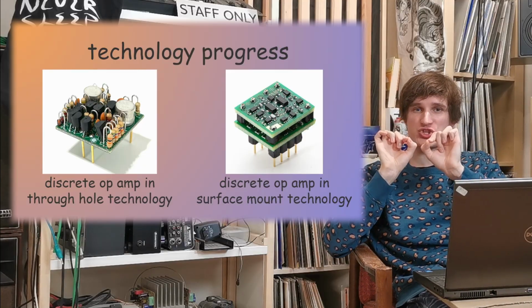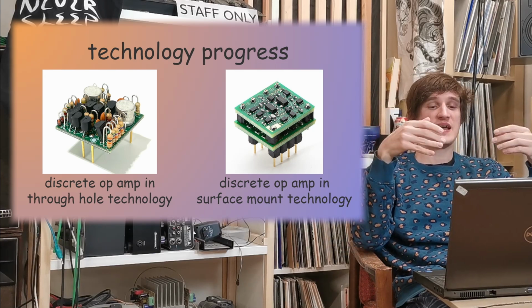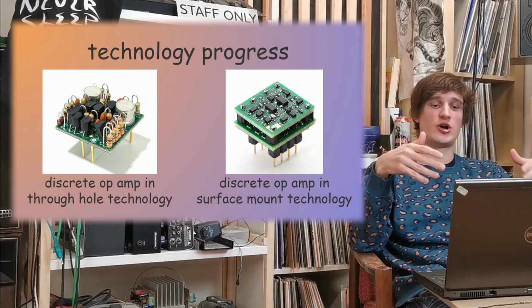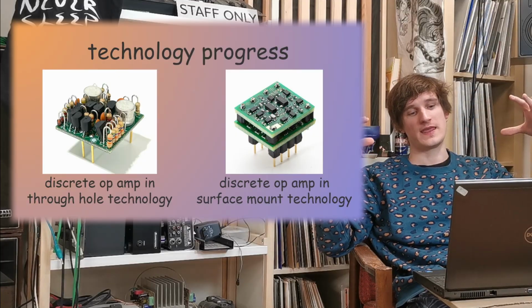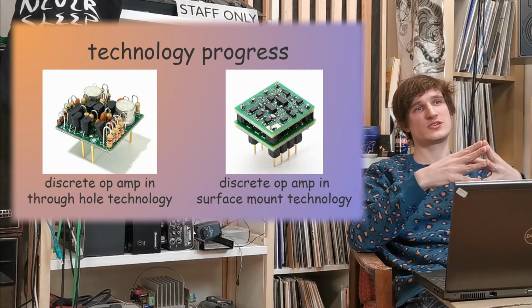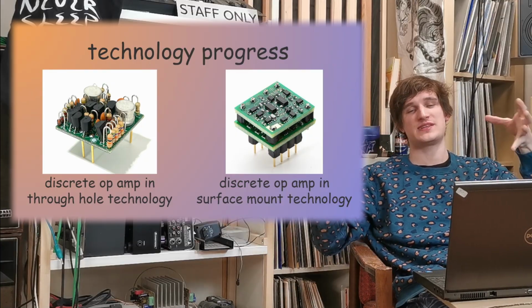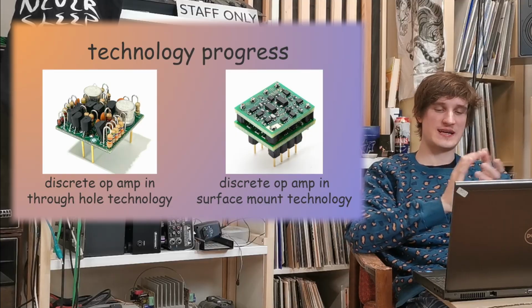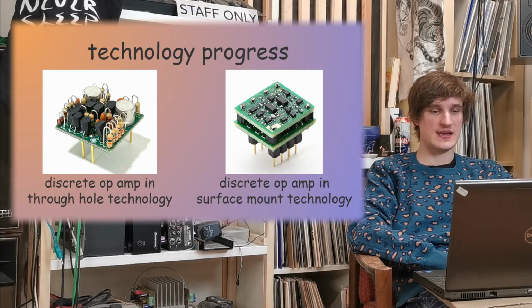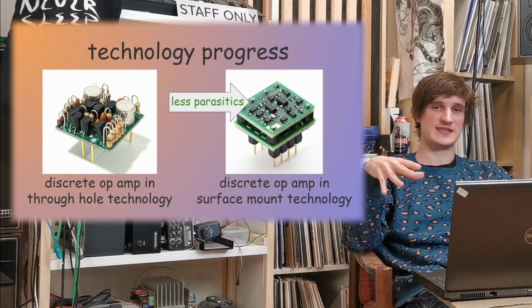You can have much shorter leads when you deal with SMD components, and this technology also allowed some miniaturization. Essentially you get the same component with the same performance, but it's smaller, and it can have some benefits. The first benefit is less parasitics.